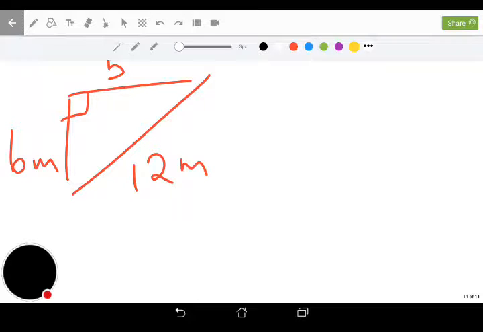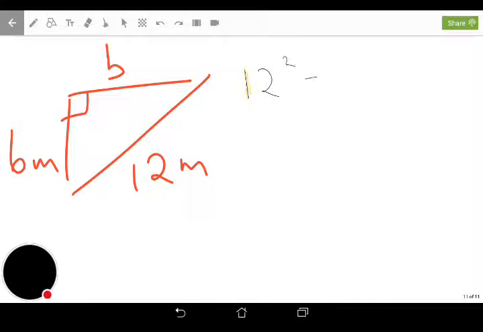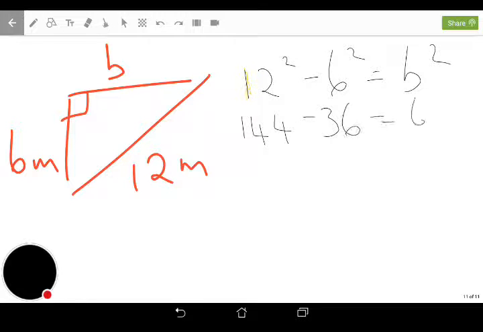Okay, so the longest side is 12. So it's 12 squared minus 6 squared, which will give us b squared. 12 squared is 12 times 12, which is 144, and 6 squared is 6 times 6, which is 36.